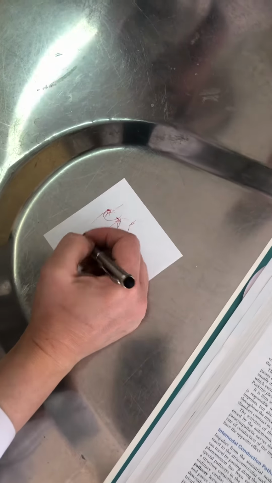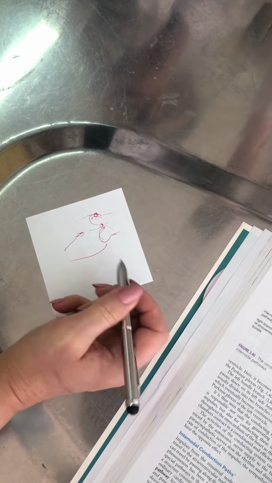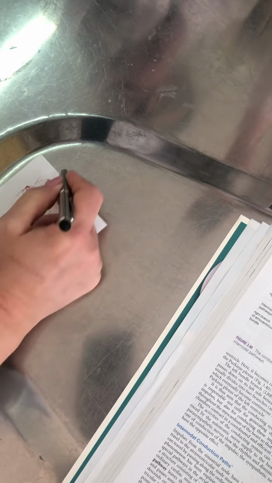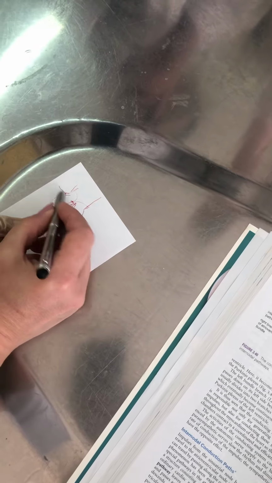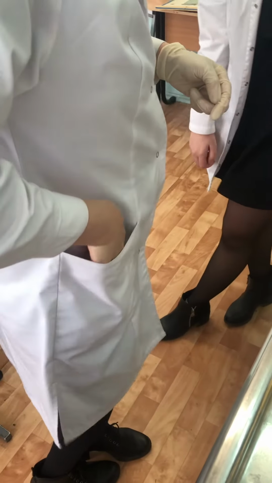Clear? Let me explain again, in another way. Which side is the ventricle? The ventricle is here, and blood flows to the aorta. The coronary artery originates below the valve, at the sinus.